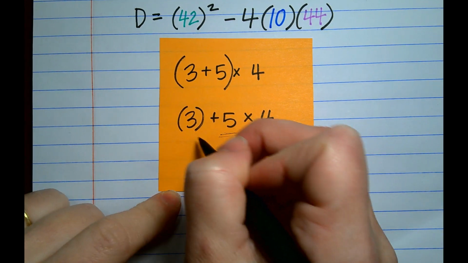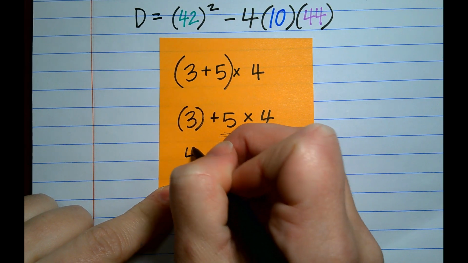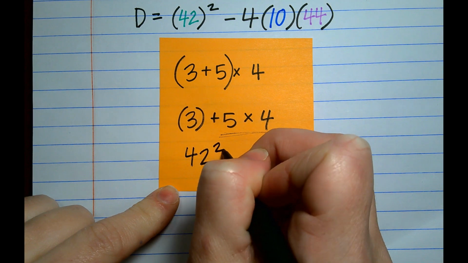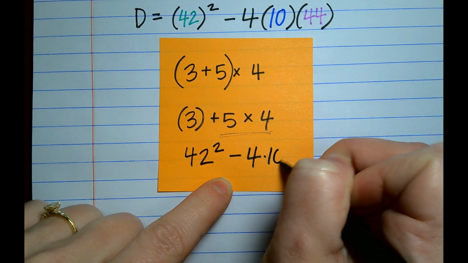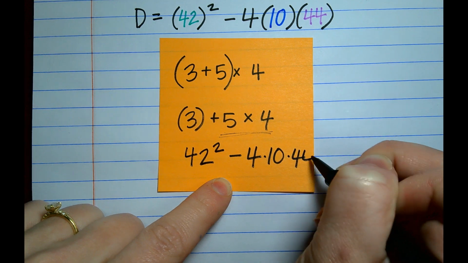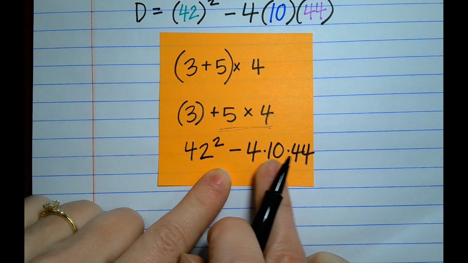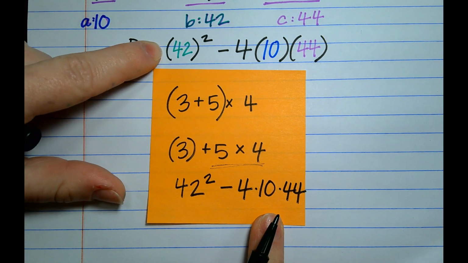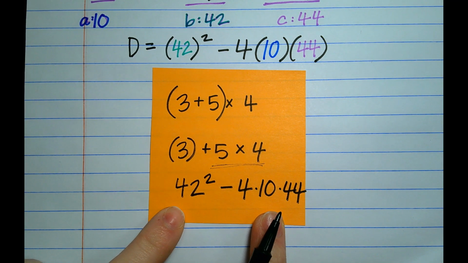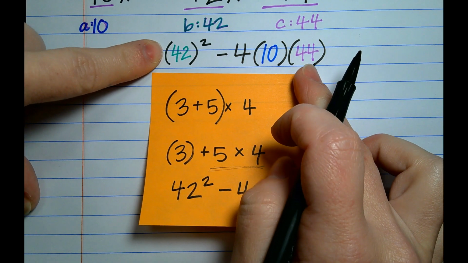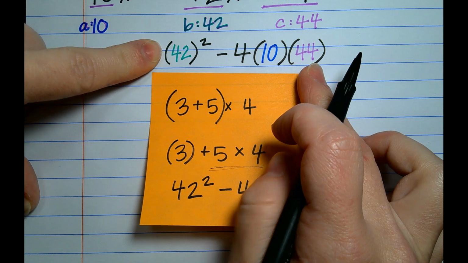Let's see, how about 42 squared minus 4 times 10 times 44. This is the same thing as what I wrote up here, just without the parentheses. These parentheses don't have operations inside of them.